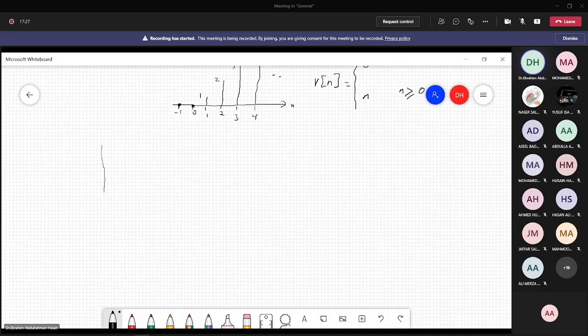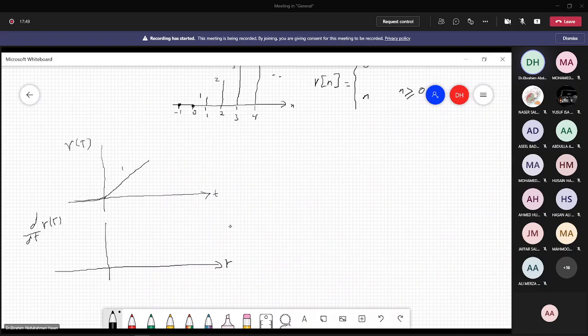Okay, suppose I have a ramp function, R of t, and I differentiate this one. d by dt of the ramp function. What do we get?